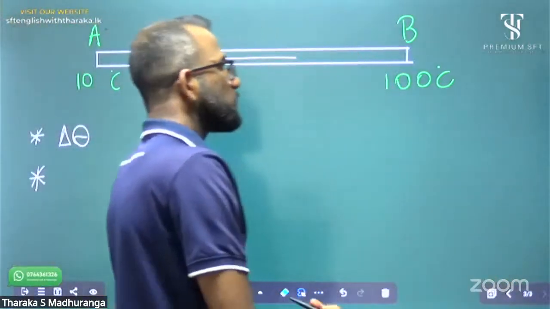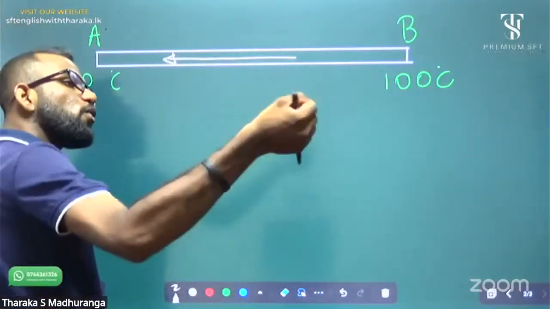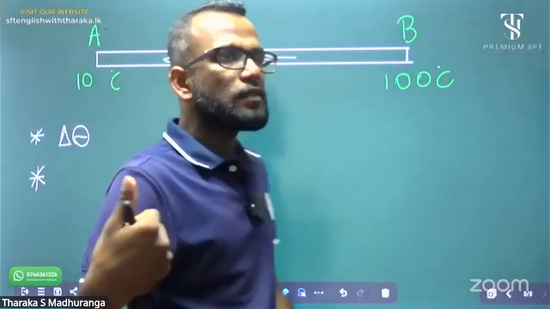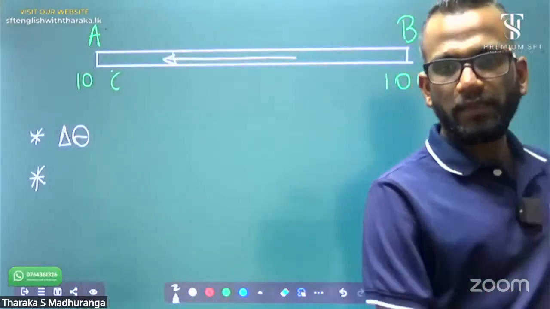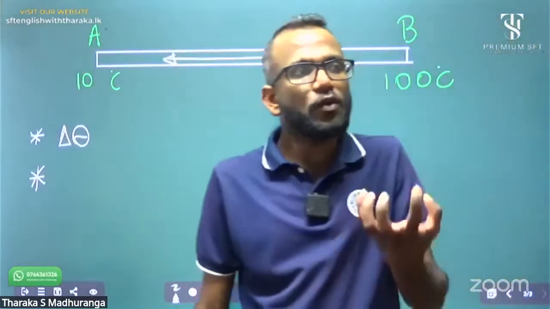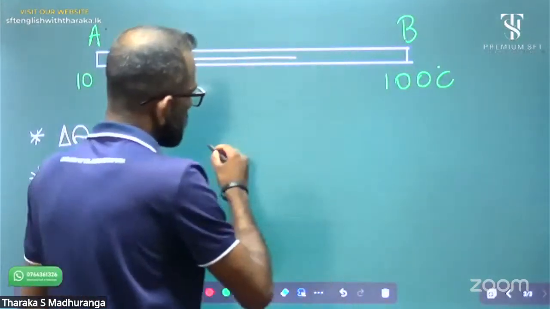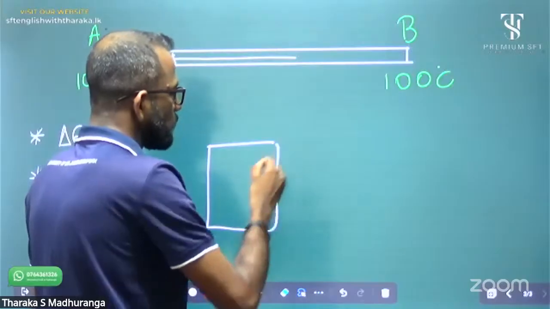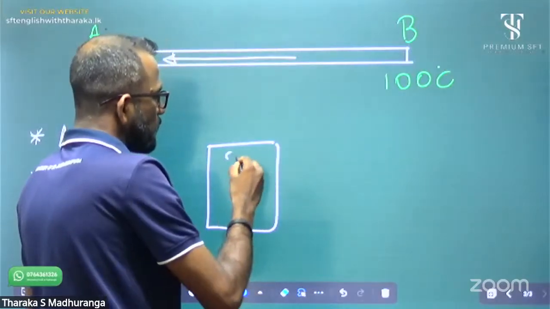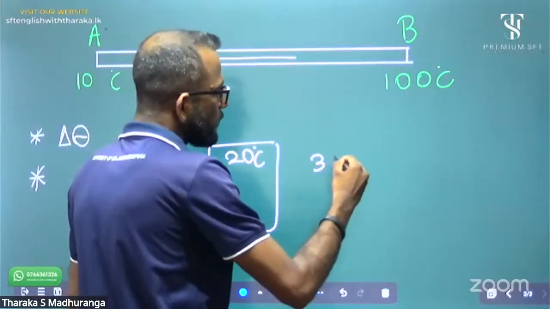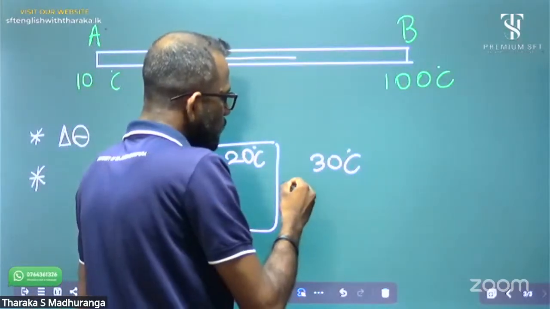Example: you are going to open the door of an AC room. Think this is a room. The inside temperature is 20 Celsius, the outside temperature is 30 Celsius.